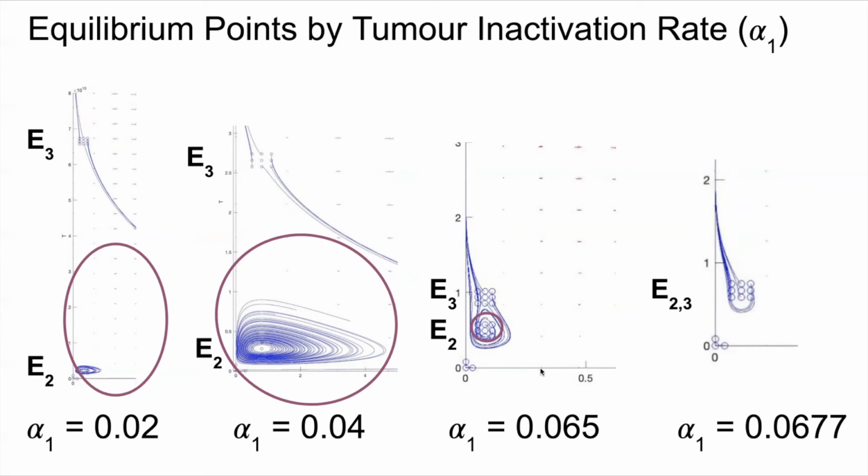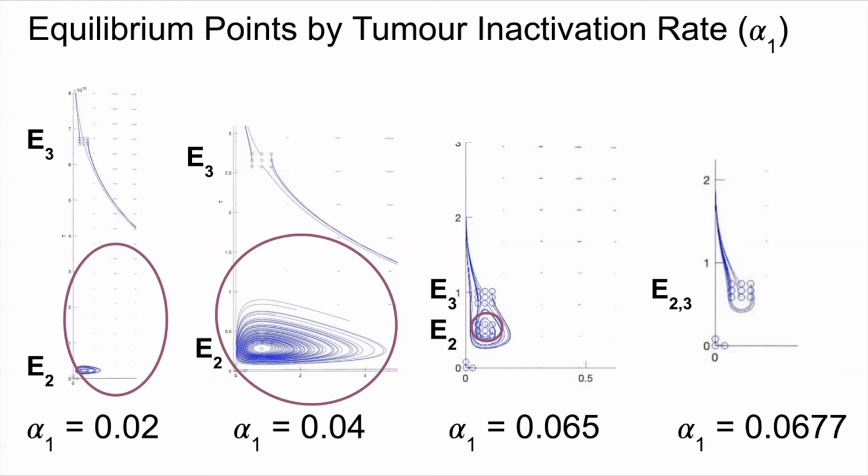The paper proposes dual target CAR T cells to address relapses, but you can see here that with a high enough tumor inactivation rate, addressing the relapses is no longer possible because the two equilibrium points merge into one and the relapse trajectories are no longer present.